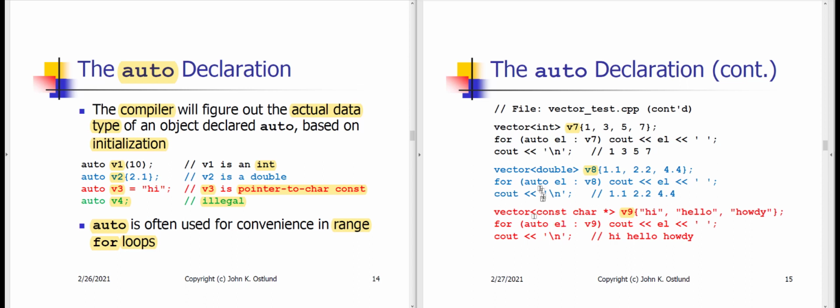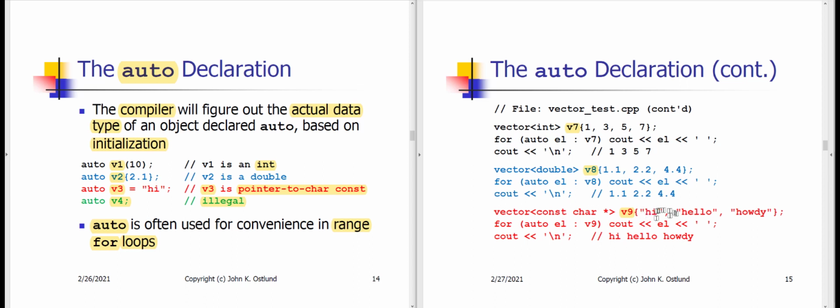As I said, you should know in your own mind that the first auto means int, the second auto means double, the third auto means pointer to char const, but you can relax and let the compiler worry about it rather than you having to type that stuff out. Notice how we initialized this vector of pointers to char const. We have 3 string literals here.